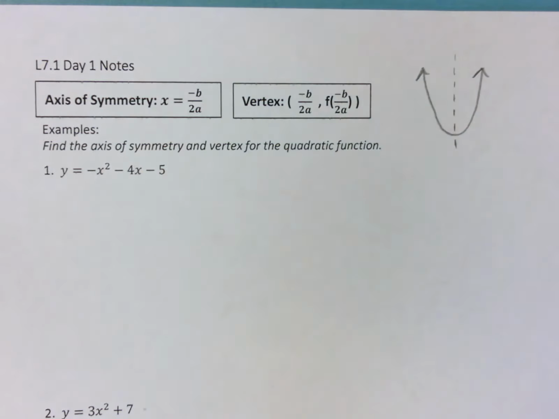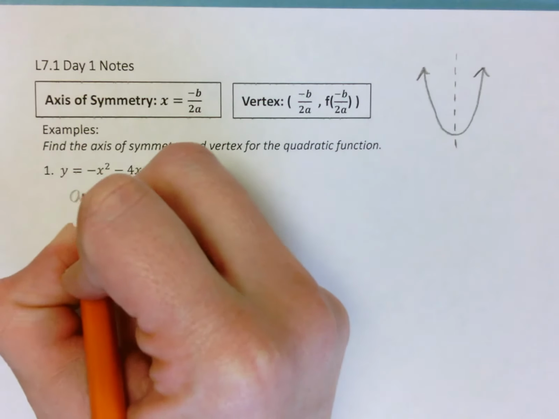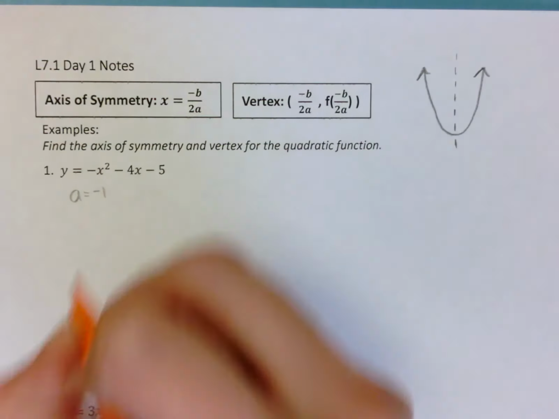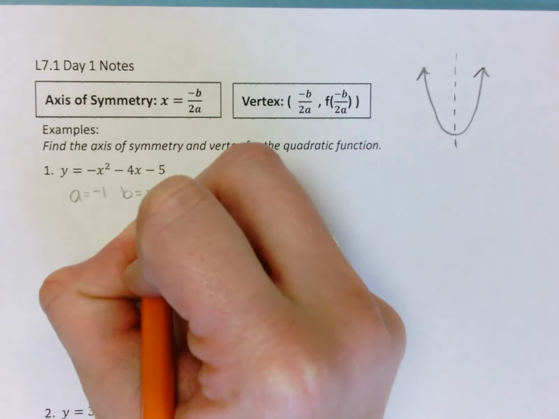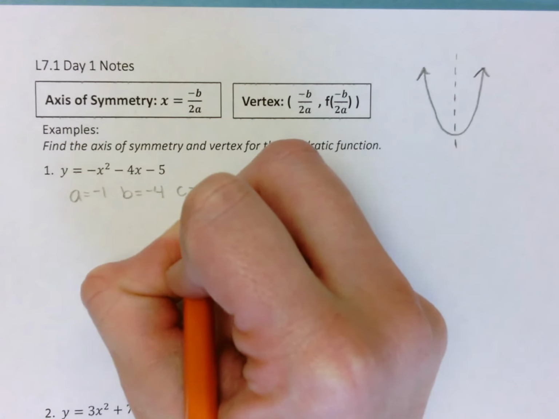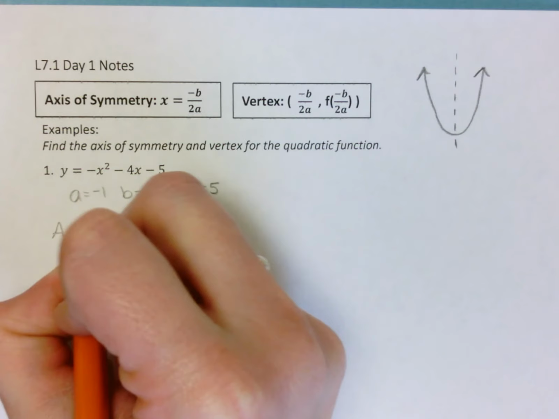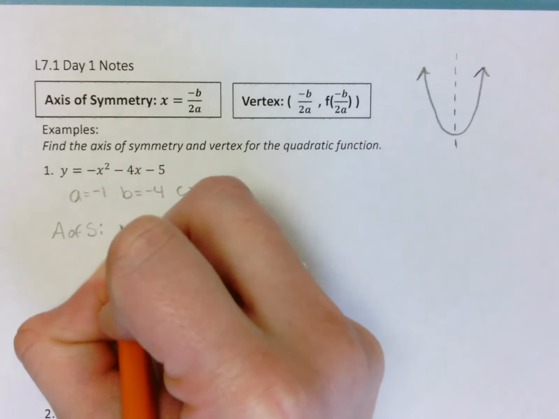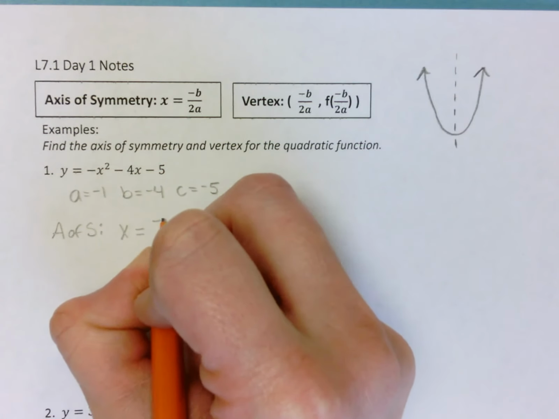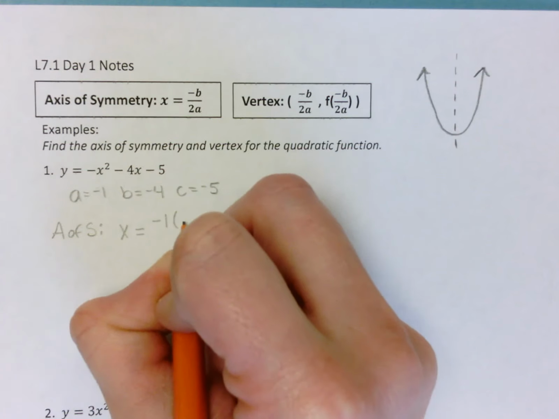So therefore, we will start the problem by naming our a as -1, our b as -4, and our c as -5. We will use these values in the axis of symmetry formula. So x equals -1 times b.